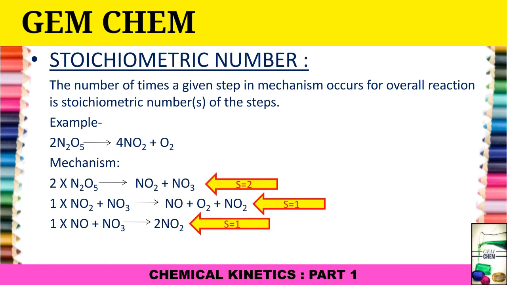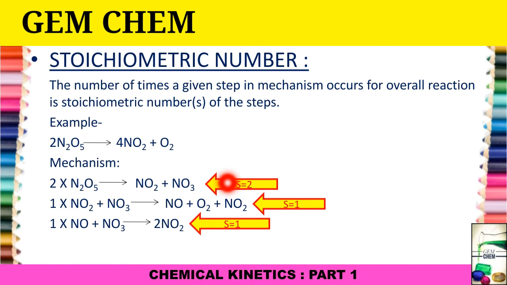So this is the answer, and this is the only method of finding stoichiometric number, and from stoichiometric number we can understand that a step can occur twice or thrice or once. So the first reaction step should occur twice, and the other 2 steps 1 time each.